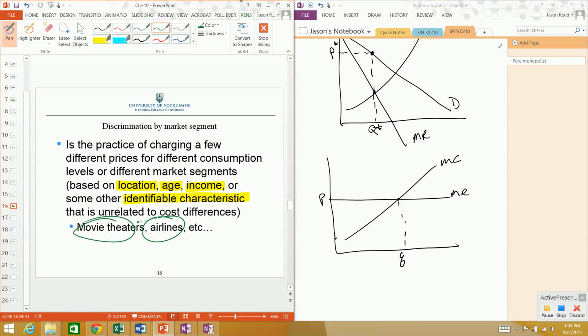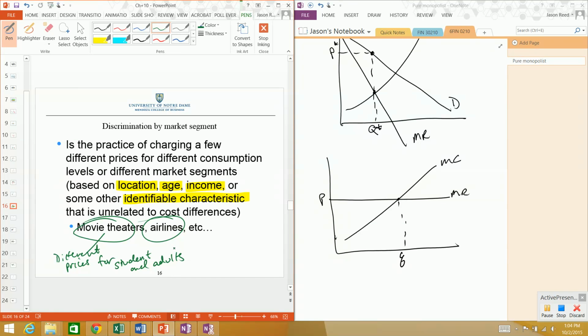We know that movie theaters take advantage of this because they have different prices for students and adults. We also see that movie theaters have different prices for matinee versus primetime showing.